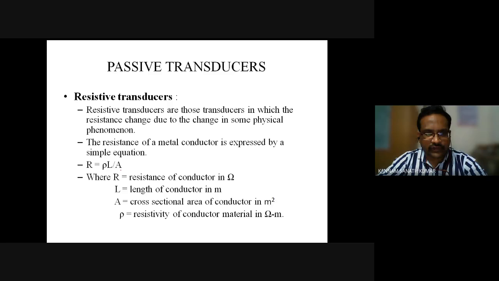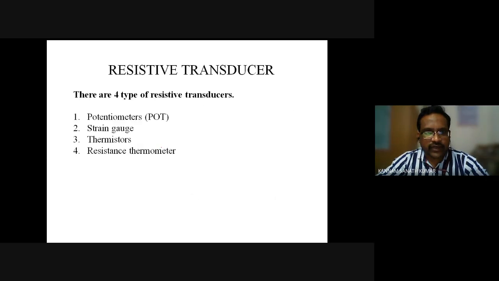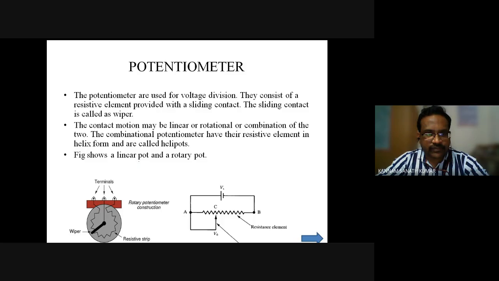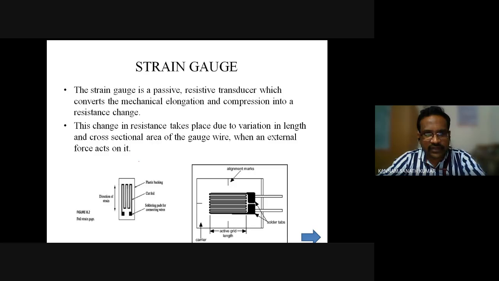If you apply stress to the material, the length may increase or the diameter may decrease, depending on the stress or strain you are giving. There are several types of resistive transducers: potentiometer, strain gauge, thermistor, resistance thermometer. Mainly today we will see the strain gauge.